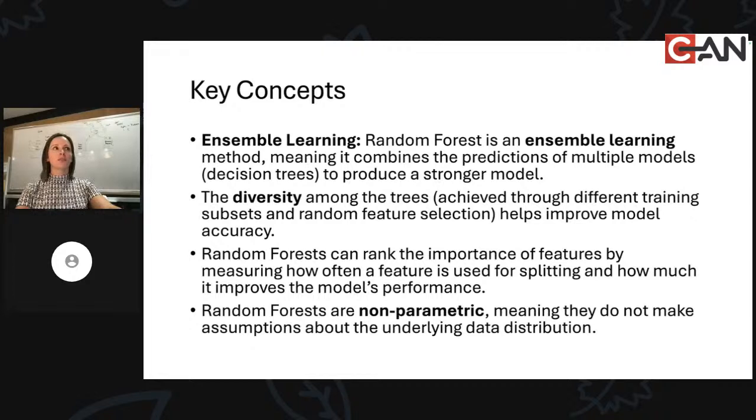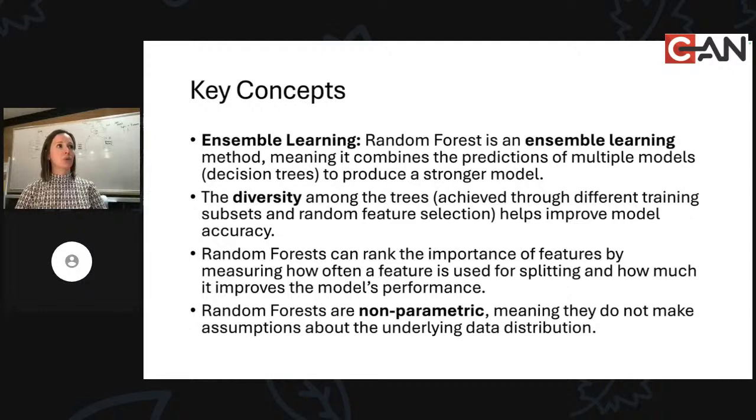You're getting a lot of diversity among these trees because we're passing subsets of data and subsets of features to make these trees different in the way that they're making their predictions. And generally we expect that the more trees, if we have 100 trees, 500 trees, 10,000 trees, that with all those subsets of data and all those different subsets of features, it's going to make a pretty robust prediction.